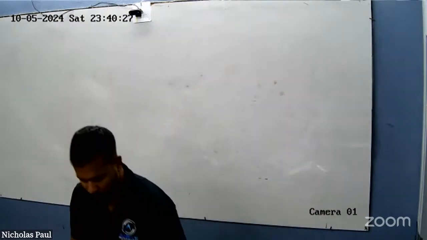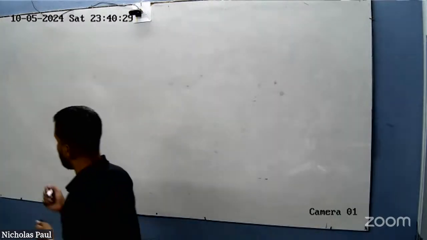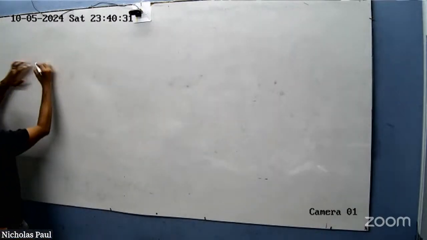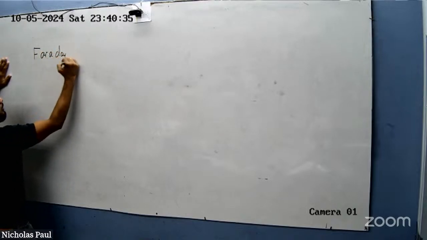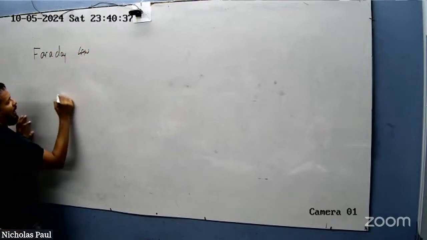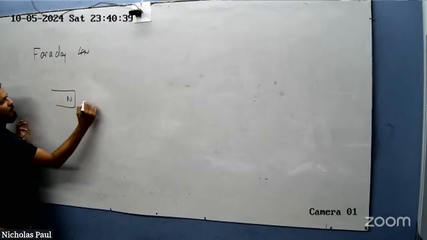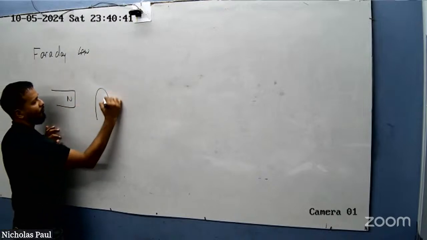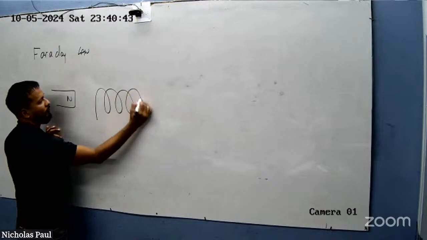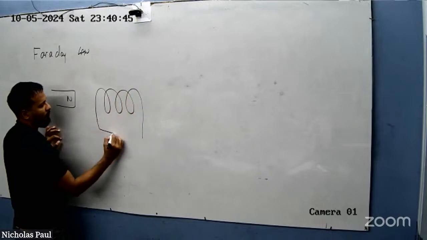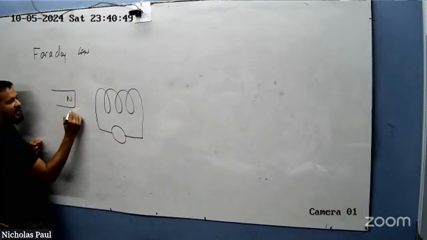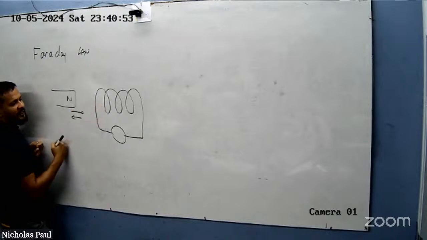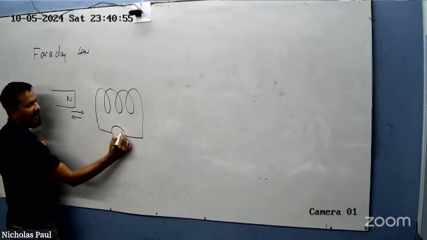All right. So let's look at these laws before we do anything. Right, Faraday's law. Hear what Faraday said? Faraday said the faster I move this magnet in and out of this conductor, the bigger is the current being induced.